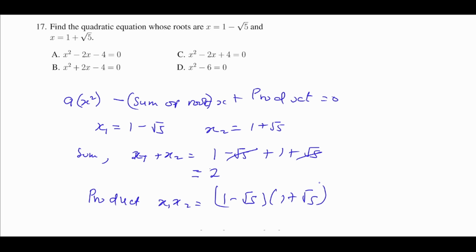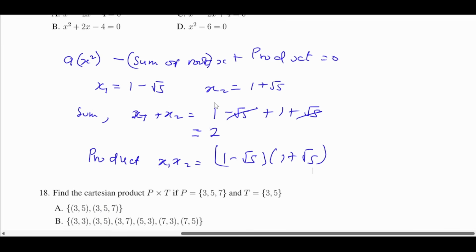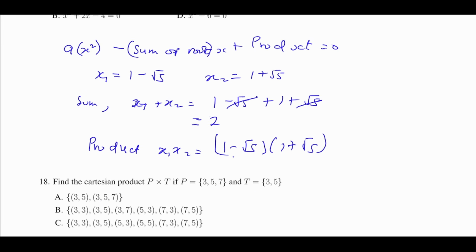Now if I enter everything into my calculator, what am I supposed to get? 1 times 1 will give me 1. Then 1 times root 5 will give me plus root 5, and then that will give me minus root 5. And then 1 times that one will give me minus 5.